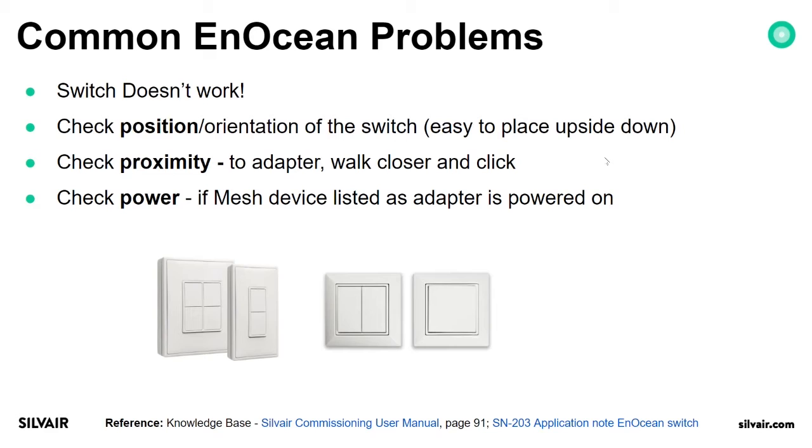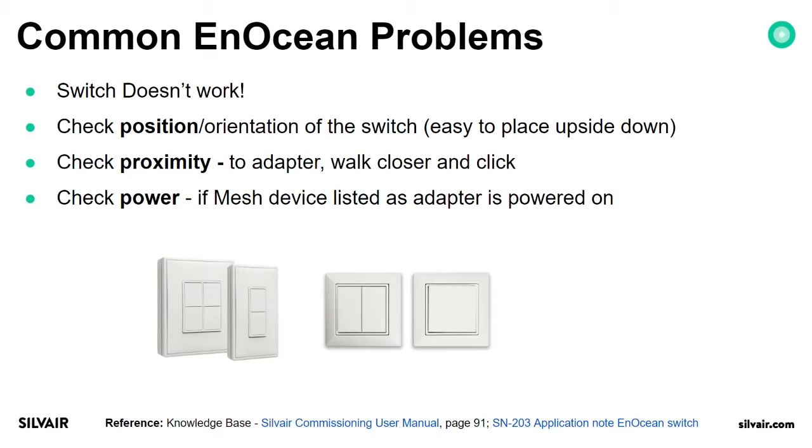Problems with Ocean switches are very uncommon because these devices are very simple and robust. Always check the position and orientation of the switch before you stick it to some surface. Check proximity to the first adapter, walk closer and click to see if it responds.